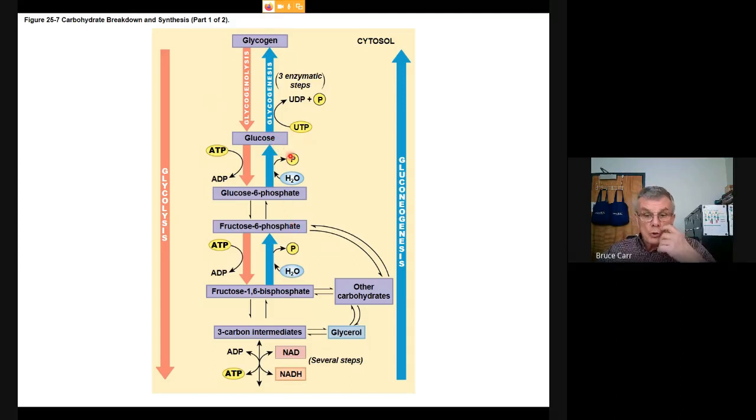Sucrose, our table sugar, which is so popular because of its basically behavior altering taste. Sucrose is 1 molecule of glucose and 1 molecule of fructose. So fructose from our table sugar comes in this box, basically converting either here or here on a pathway that will take it to glucose.